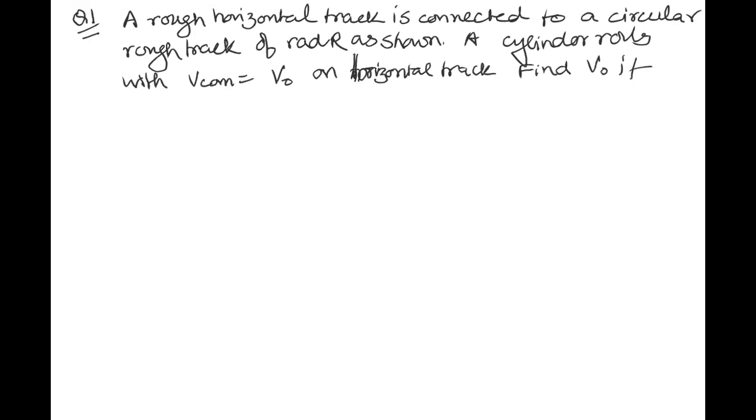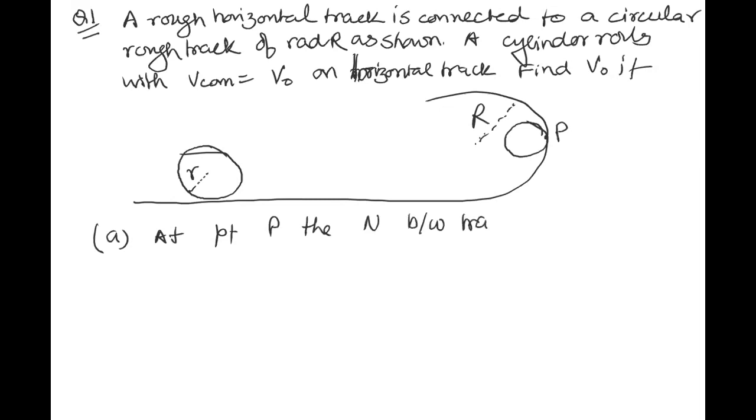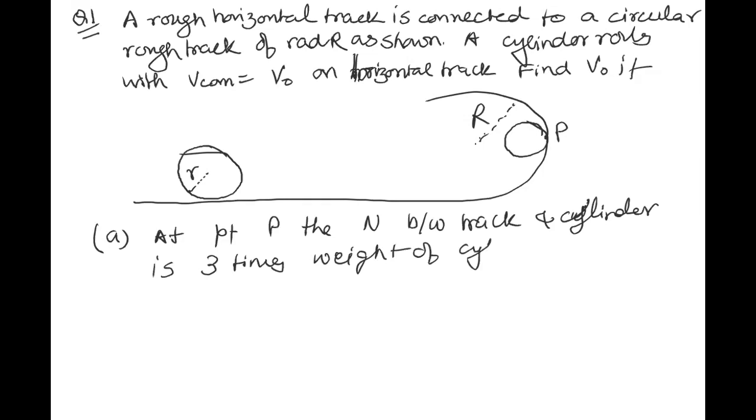Find V naught if at point P, the normal reaction between track and cylinder is 3 times the weight of cylinder.